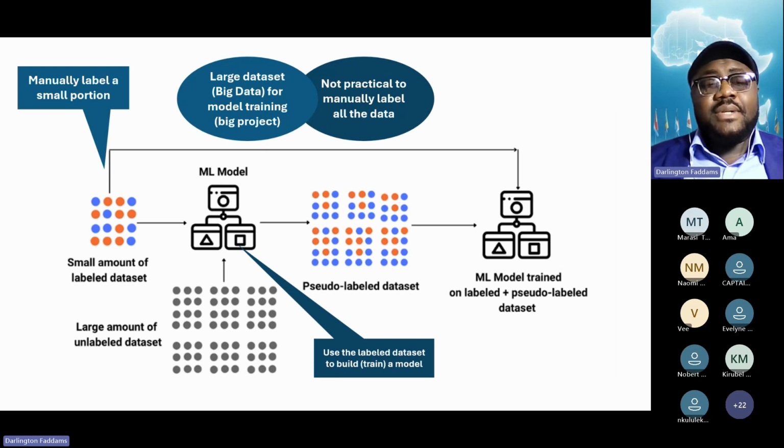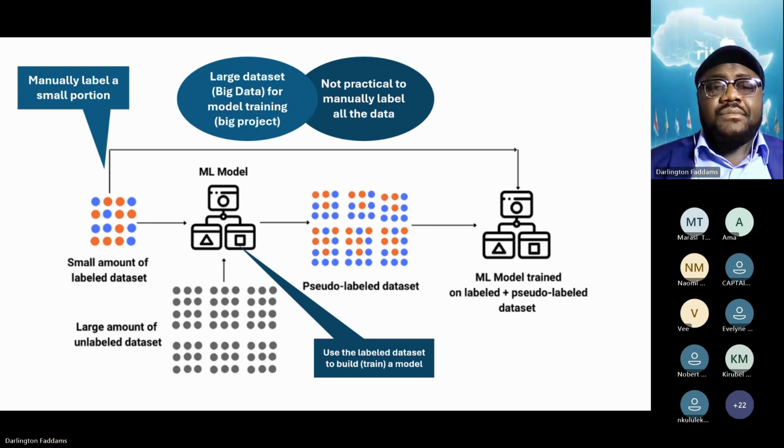Okay, let's look at it this way. We are training a model for the model to make predictions. Because the data set is so large, we actually label a small part and use the labeled data alone to do the training of the model.